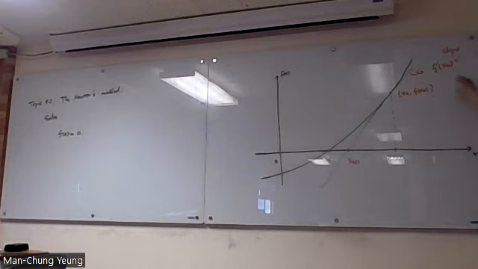Suppose I know xk. So I know the slope and I have a point.